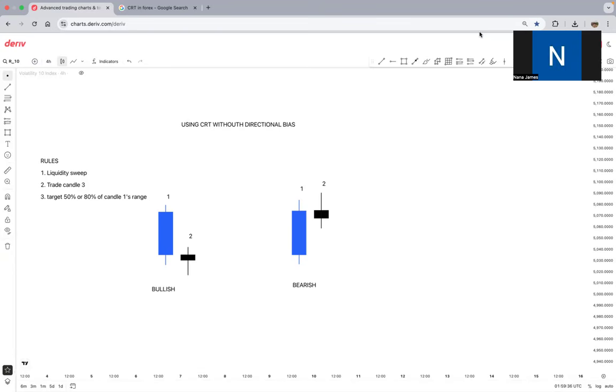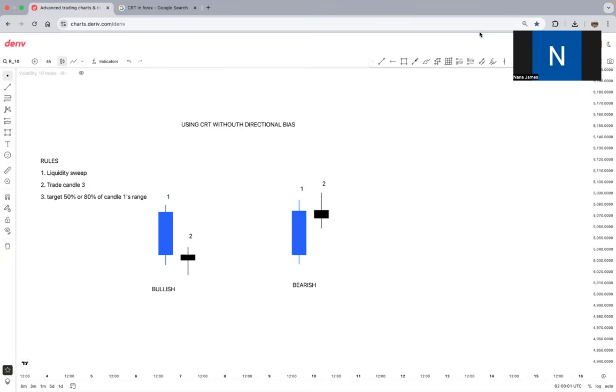All right. So we are talking about CRT, candle range theory, and I know you must have heard about it or come across it. Different people teach it in different ways, but today what I'm going to try doing here is to draw your attention to the fact that there are two ways of trading CRT.